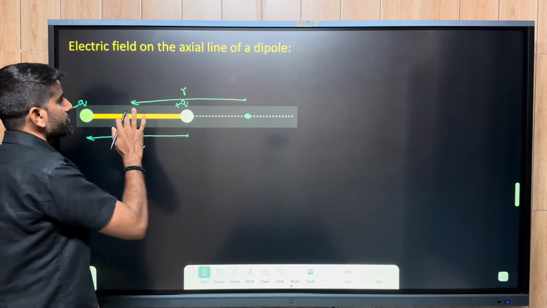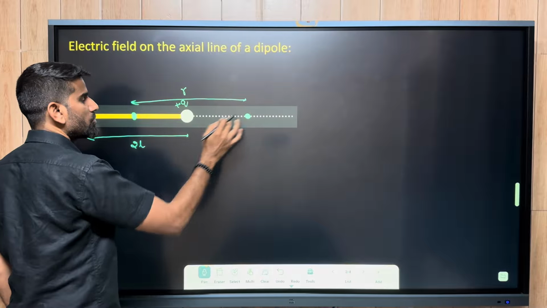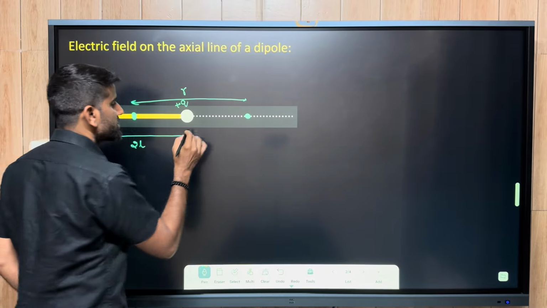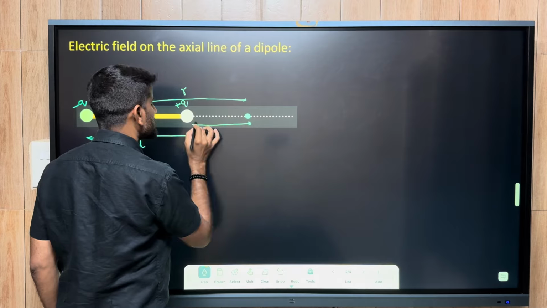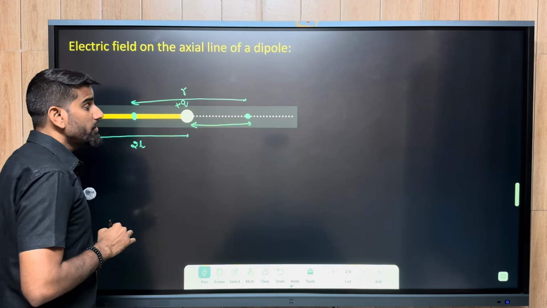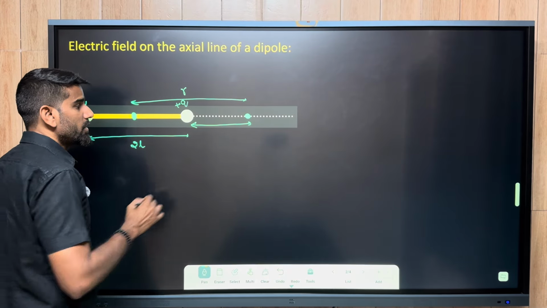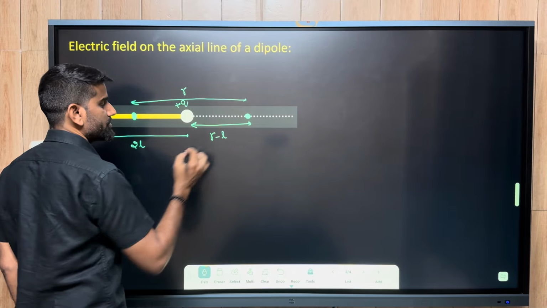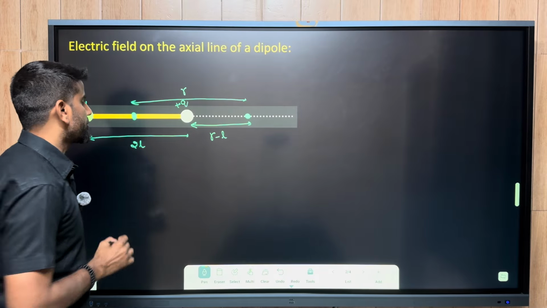Now, if the distance from the center of the dipole to the point is R, then what is the distance from the positive charge to this point? It will be R minus L. Let me explain it.